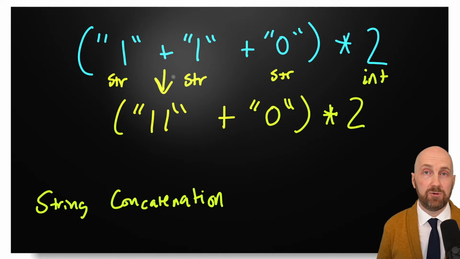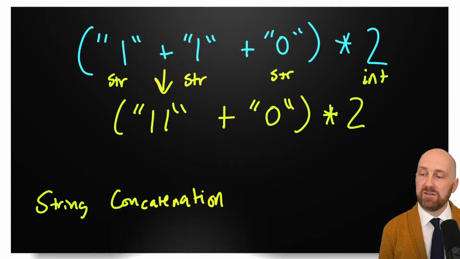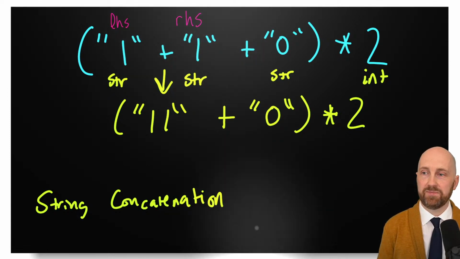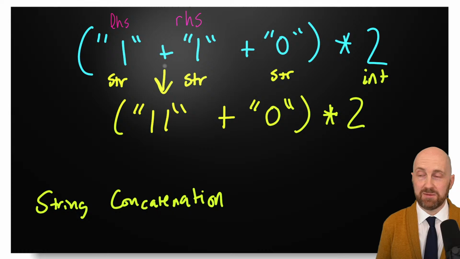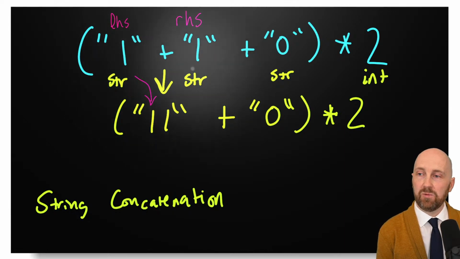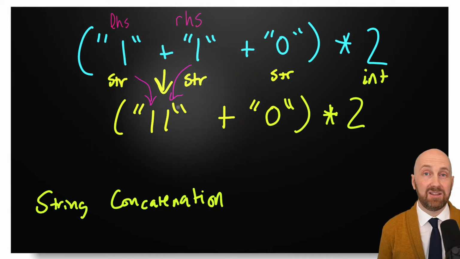And the meaning when you're working with two strings is take the values of these two strings, bring them together such that, and you'll hear this terminology used frequently as well, the left-hand side of the operation is followed by the right-hand side of the operation, right? So the operator is the plus symbol. We're concatenating the left-hand side to come before the right-hand side. And so that's what leads to 1 followed by 1 in this new string that it produces. So this is a brand new string.